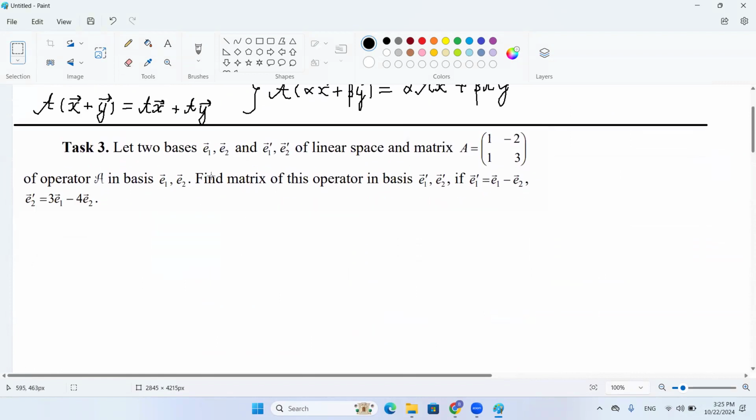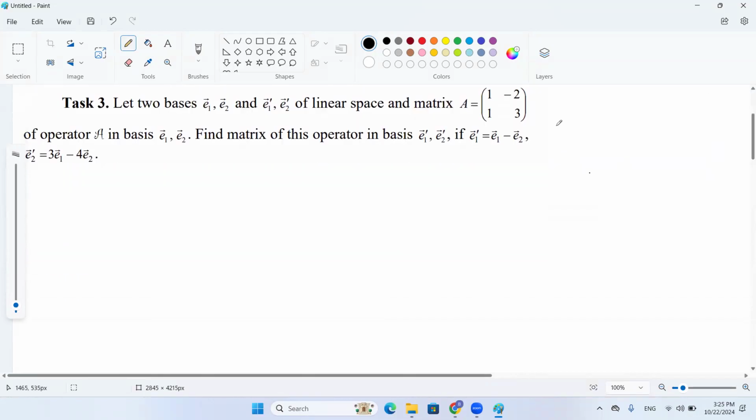We have two bases, E1, E2, and E1 prime, E2 prime. We have the following linear operator, which is given as a matrix. It is just a form of recording, how it looks if we write it as a vector.